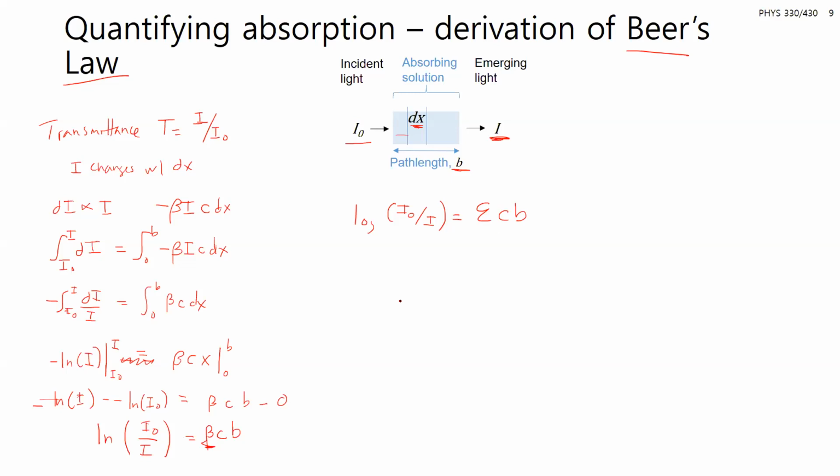We can also flip the order, again using properties of logs. If we take the negative log of this, it's just going to flip what's inside the log term.